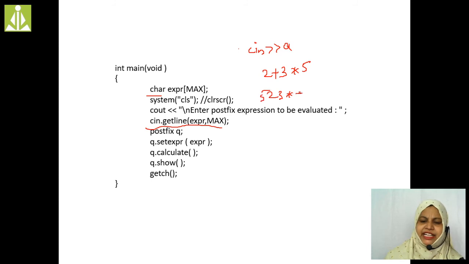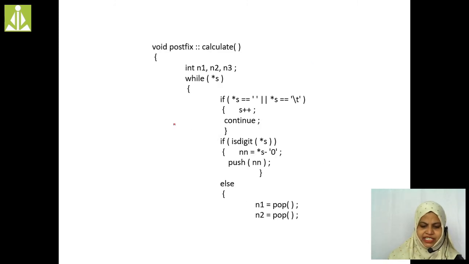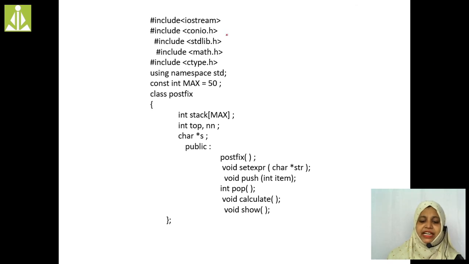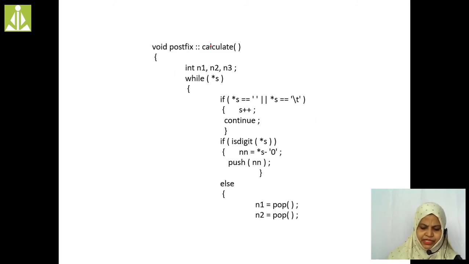For this expression we have to use the getline method. This getline method is present in the stdlib header file, so that's the reason I am going to include the stdlib header file in my program.